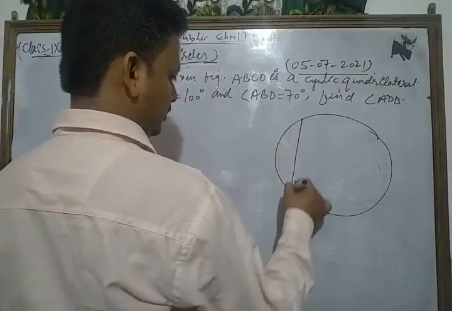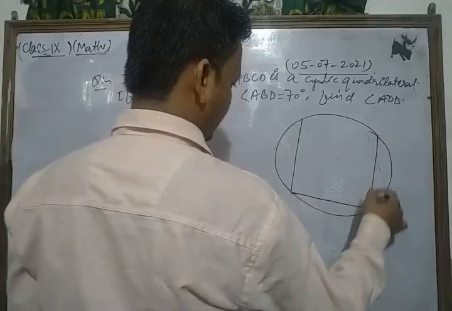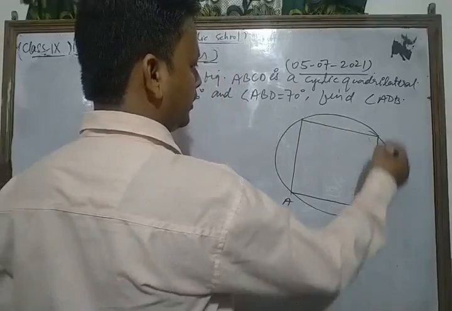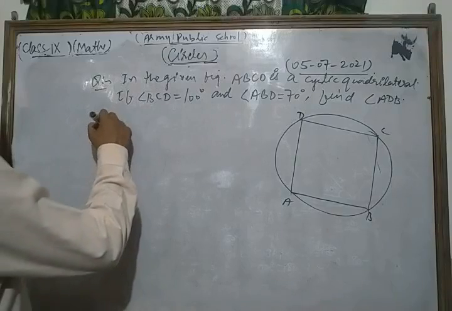A cyclic quadrilateral is given. Let us take A, B, C, D. Now let's see its solution.